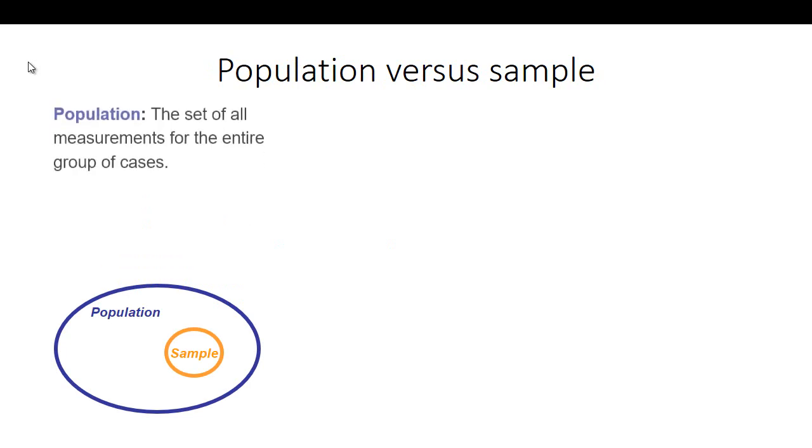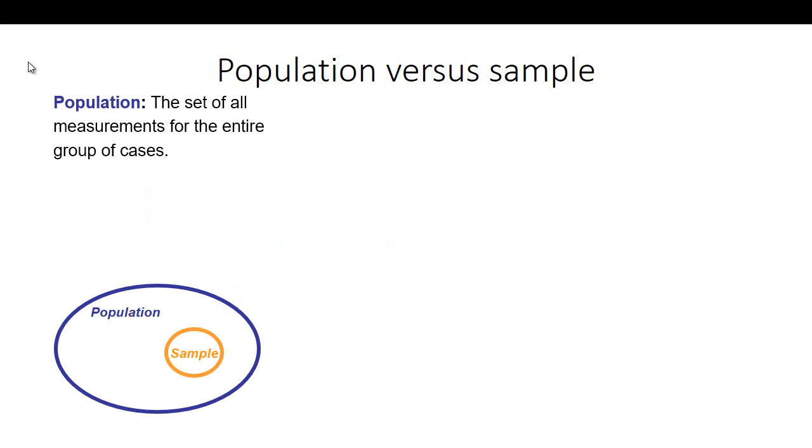The first one is that of population. So recall that the population is the set of all measurements for the entire group of cases.